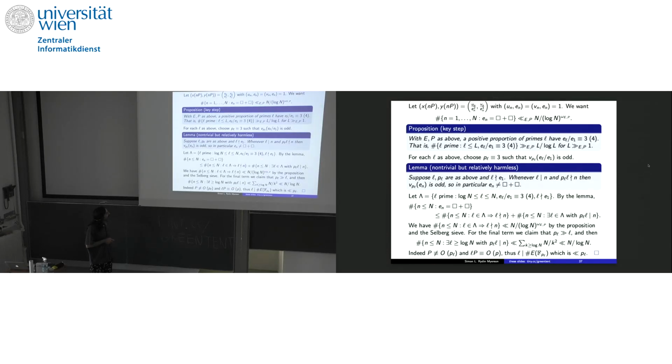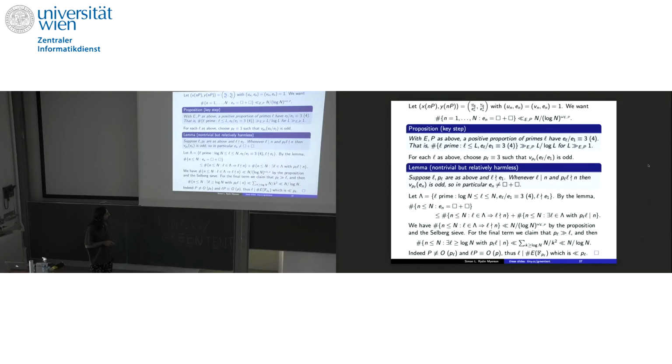The point is that in our bound for the number of E_n that are sums of two squares, we have an error term, which is all of those n which are divisible by p_l times l for some l in our sieving range.